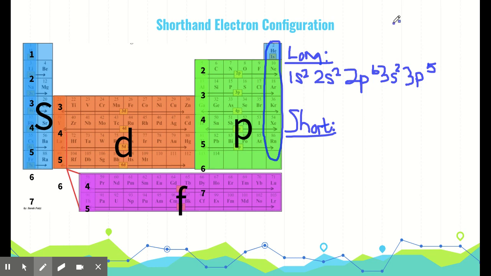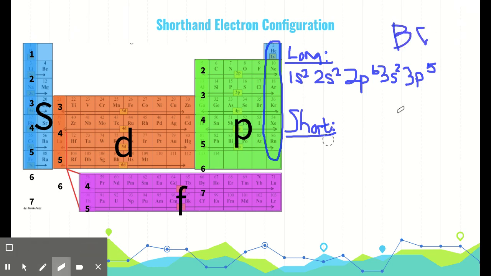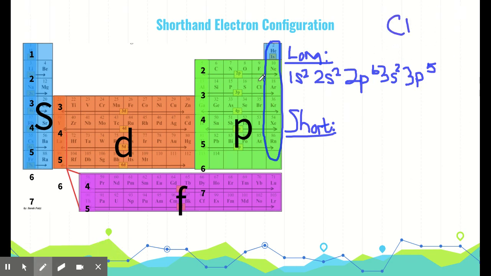So these are both going to be chlorine, Cl. So chlorine's here. What you want to do is go over to the noble gases and go up one. This is where you'll start. So I'll start from neon. I'll put neon in brackets and start from there.